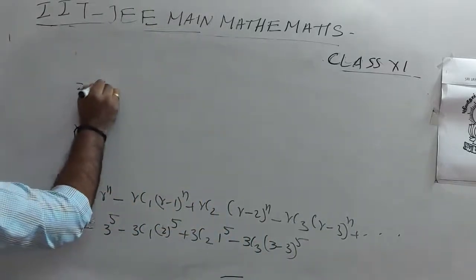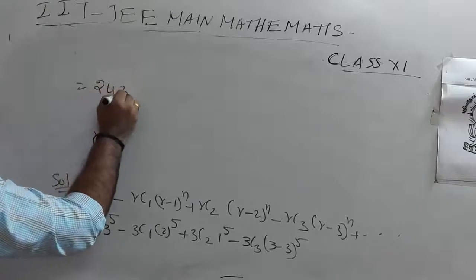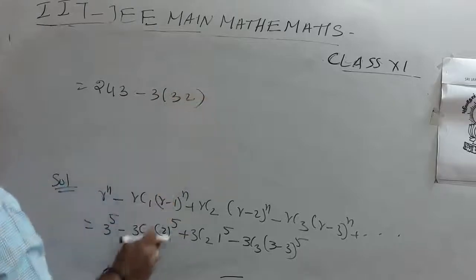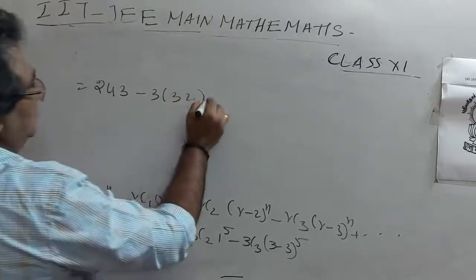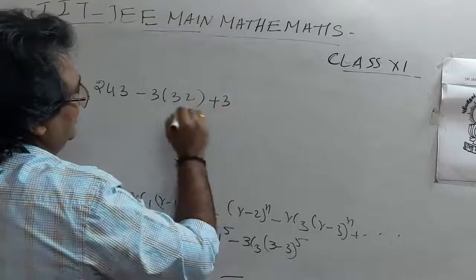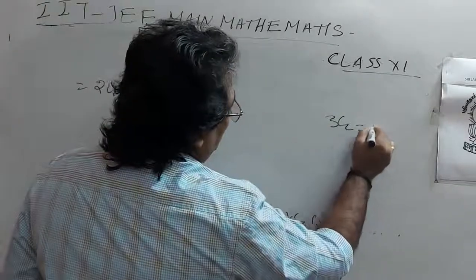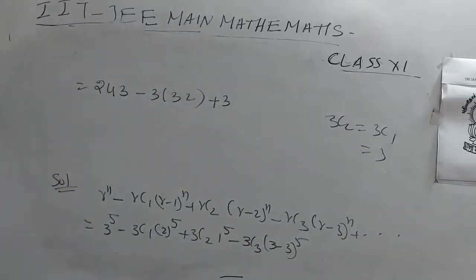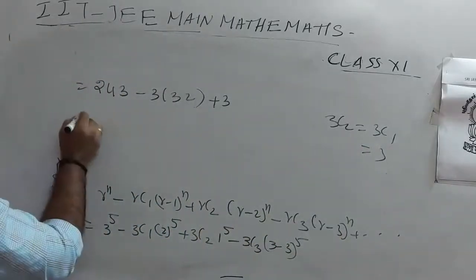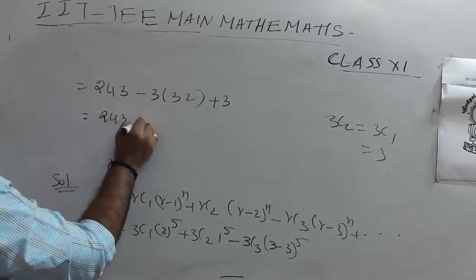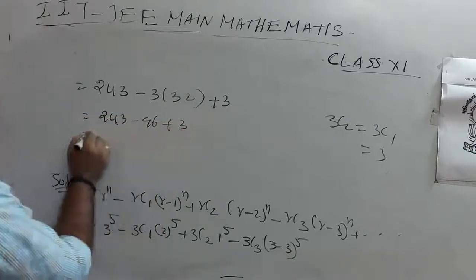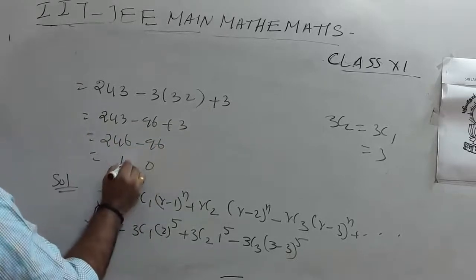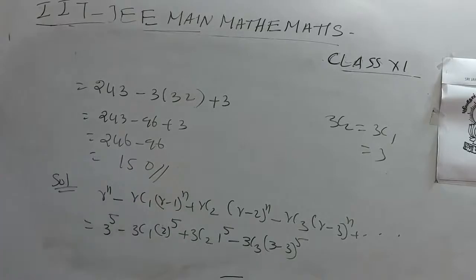So 3 power 5 is 243, 3 into 2 power 5 is 96, 3C2 means 3C1 equal to 3, and the last term is 0. So 243 minus 96 plus 3, 246 minus 96, that is 150.